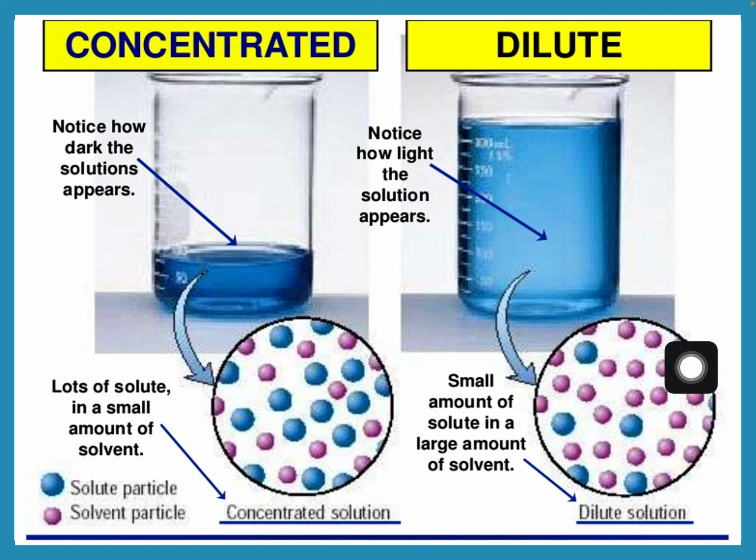So if I have a strong acid that is dilute, then I have all ionized, so all split into, for example, hydrogen and chlorine ions, but not very many in a given area. And if it's a weak acid, then some of these would stay as the full molecule and some would be ionized. So that's the difference between strong and weak versus concentrated and dilute.